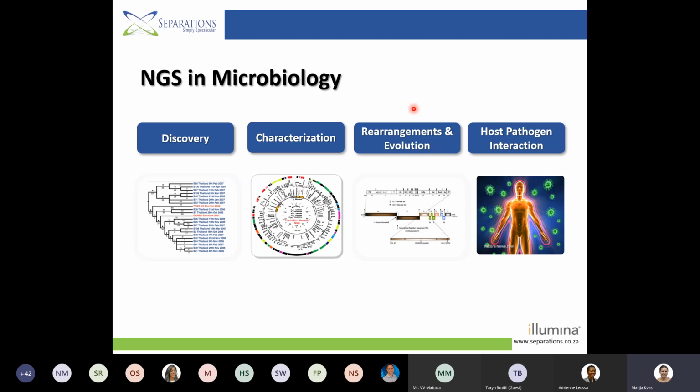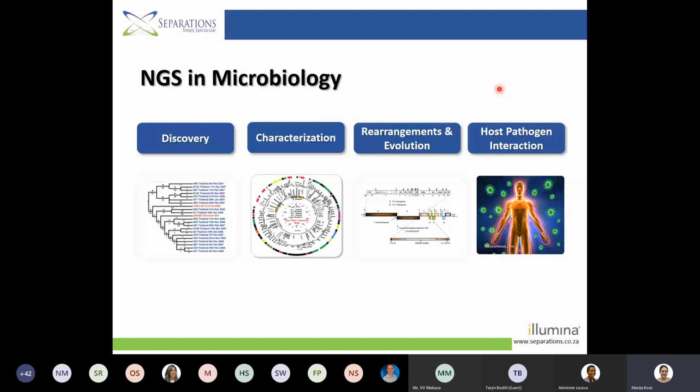Okay, but we are still using the NGS for the surveillance of the virus, and we are looking at the rearrangements, mutations, maybe evolution of the virus, and of course we will be using NGS when it comes to vaccine trials, where we look at the host pathogen interaction.